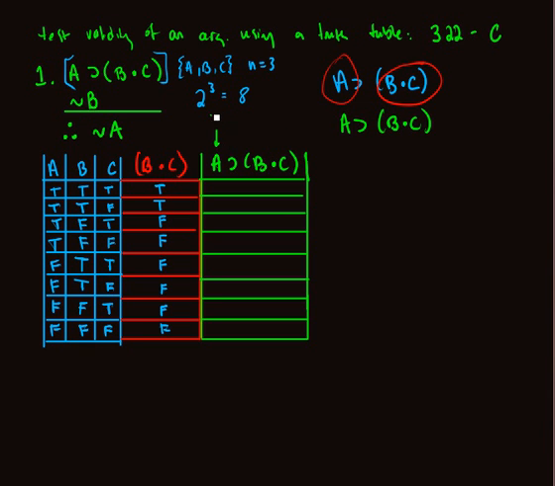I'm just going to go through it real quick. So here I see A. A is true because I'm looking to my far left. And then I see that B and C is true. So that's true. And I know that when the consequent is true, it's always true. So my consequent is true there. My consequent is false here. So, looks like it's false there.